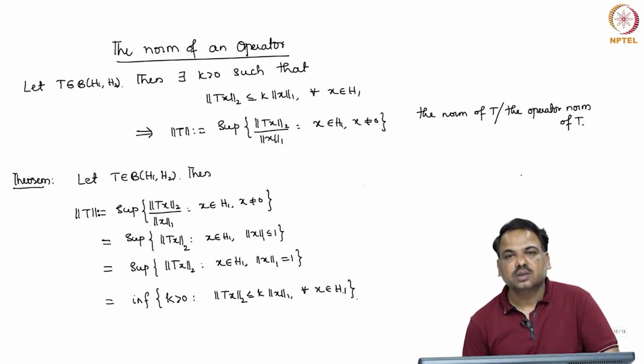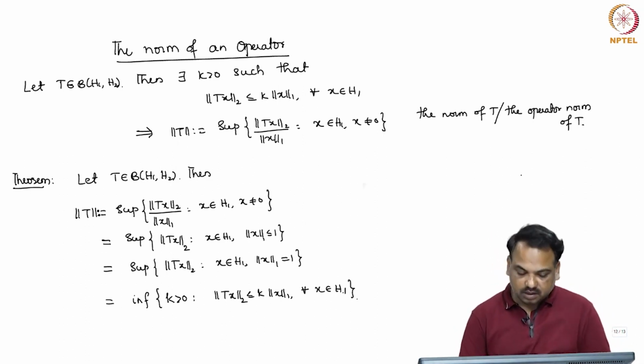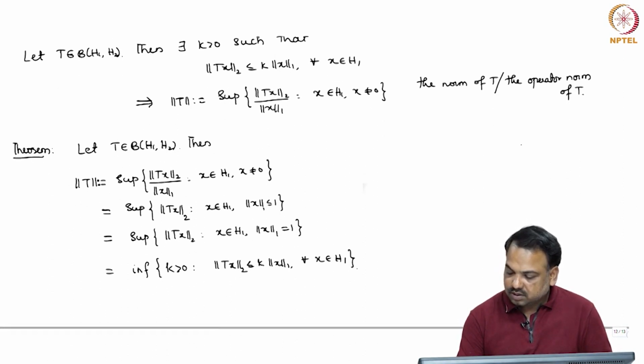These quantities are the same, they give the norm of the operator. Let us try to look at the proof of this.